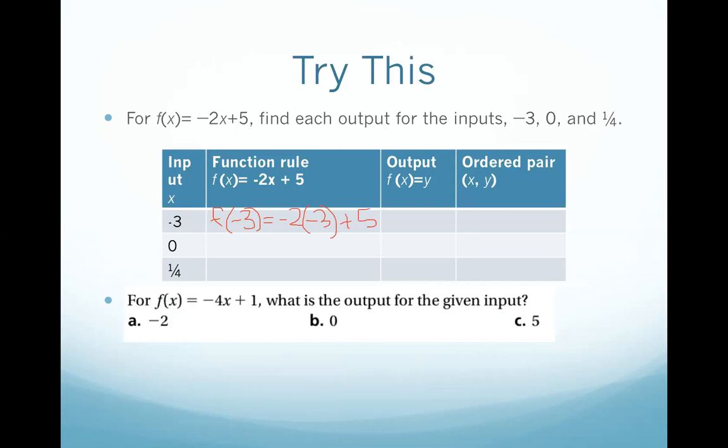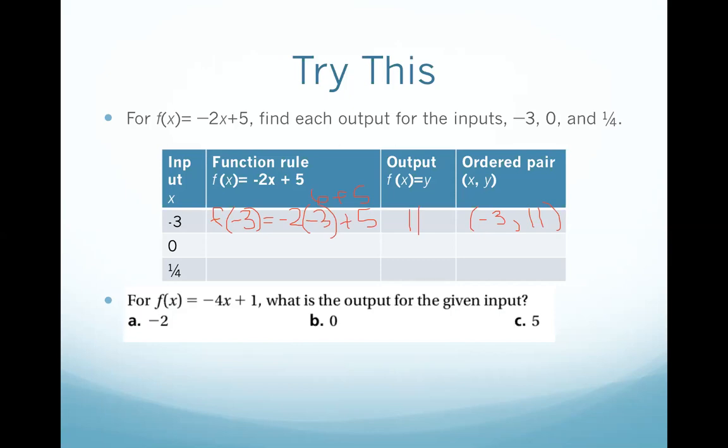What is negative 2 times negative 3? That should be a positive 6. And 6 plus 5 is 11. So our output is 11. Since we had an input of negative 3 and we have an output of 11, our ordered pair is negative 3, comma, 11.